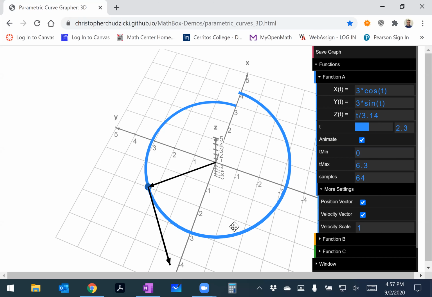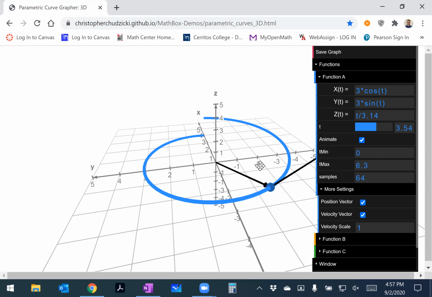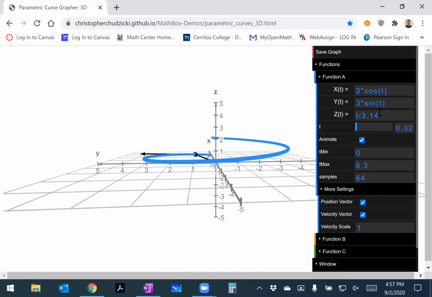So again, I hope the animation here helps you visualize this. Get this idea here. Maybe if I get rid of this thing, it'll be a little bit better.